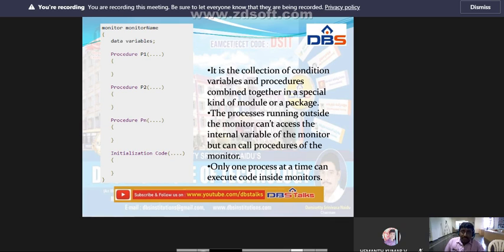They can call procedure P1, P2, P3, but they cannot access the data variables. Only one process at a time can execute code inside the monitor. So this is the concept of a monitor.